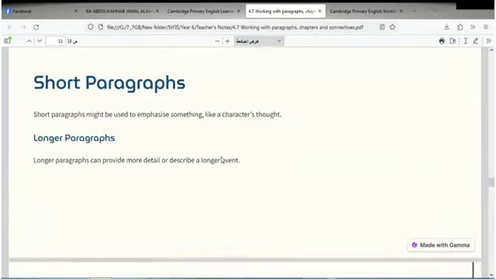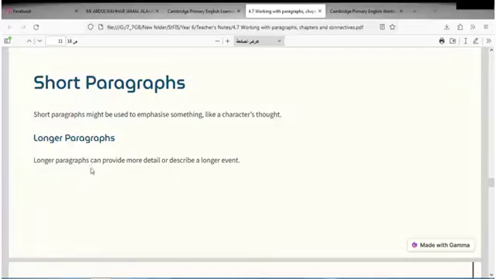So, let's remember, paragraphs can be short or long. Usually short paragraphs might be used to emphasize something like characters' thoughts, or to create suspense or build tension.